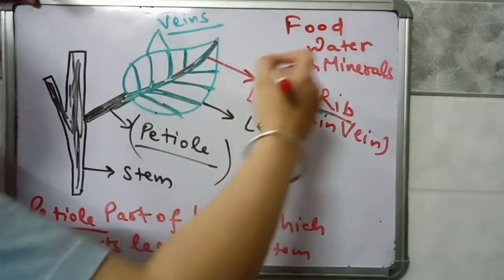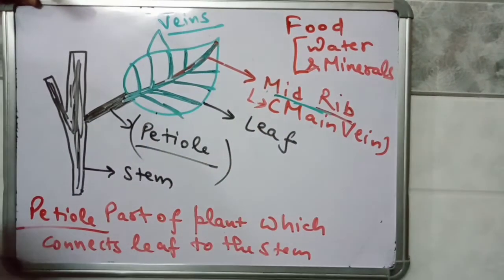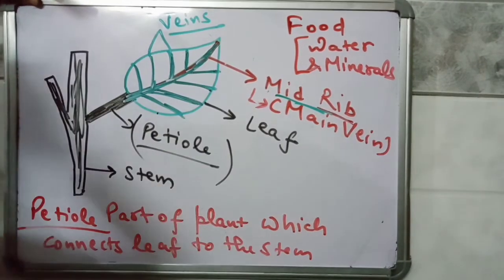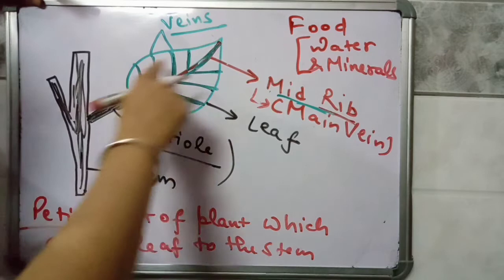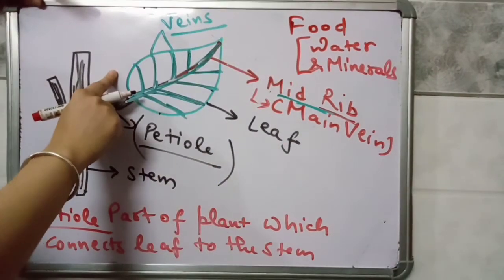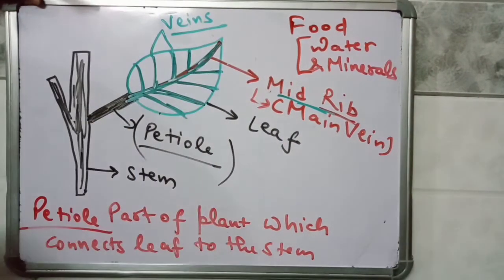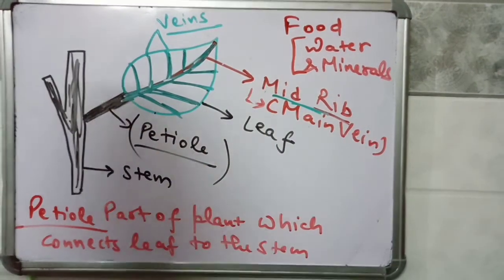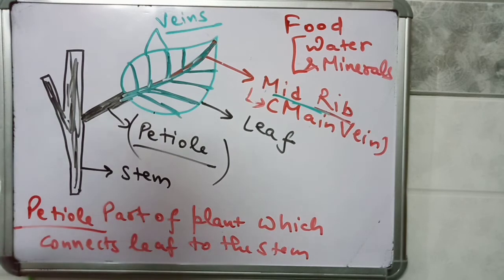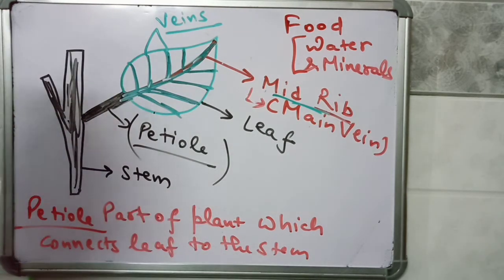In some tubes, water and minerals are transported to the plant, and in some tubes, food prepared in the leaf is transferred to the whole plant.